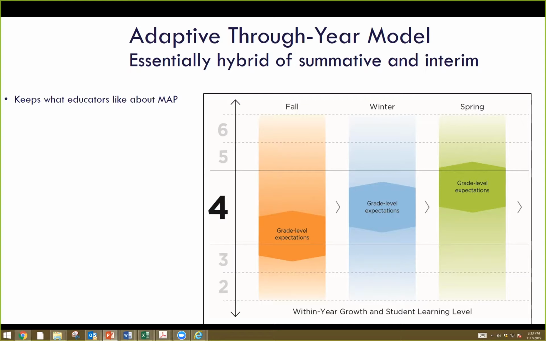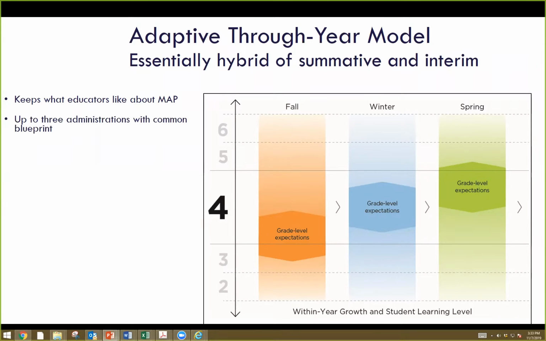From our very earliest conversations, we've been very clear working with NWEA that we need to keep what educators like about Map Growth. And that is our intention, to keep the very best parts about that, the RIT score, the growth, the information to inform instruction, all of those pieces, as we move forward.